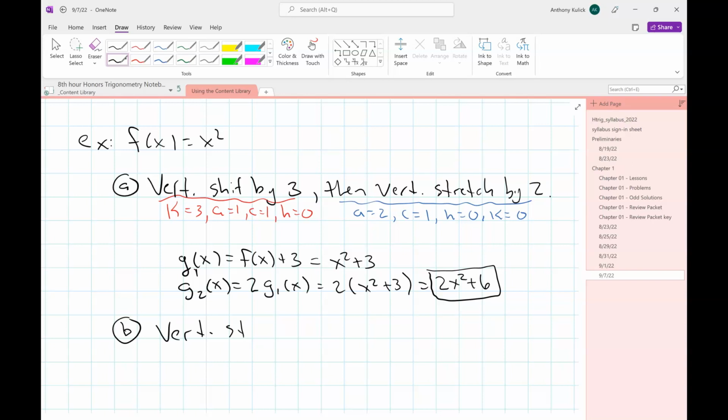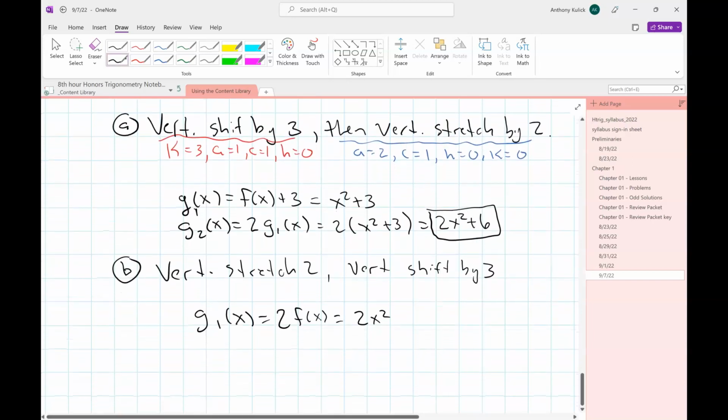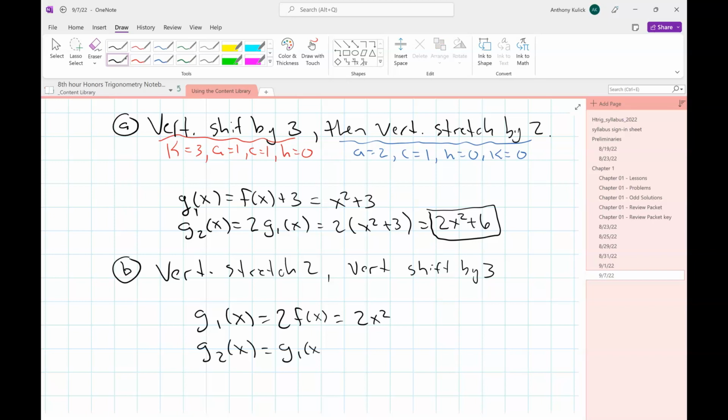What if we do the stretch first and then the shift second? Then g1 is 2x squared, and g2 would be g1 plus 3. So I get 2x squared plus 3. Oh, not the same.